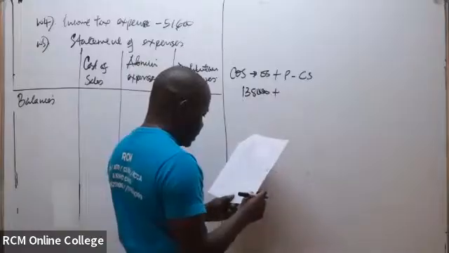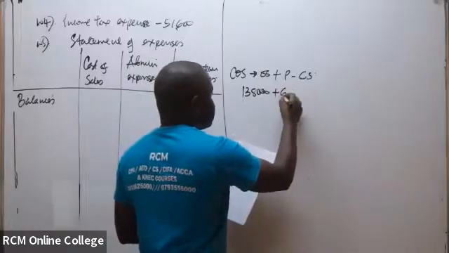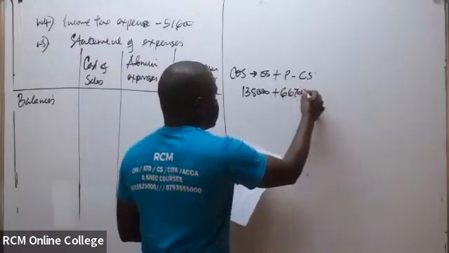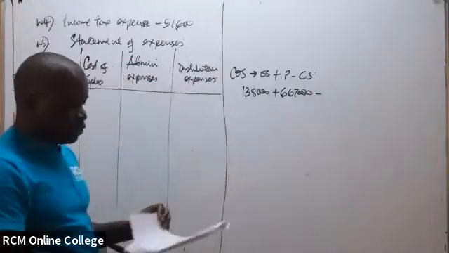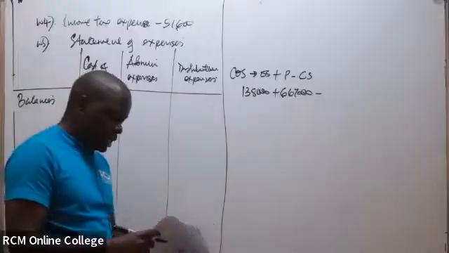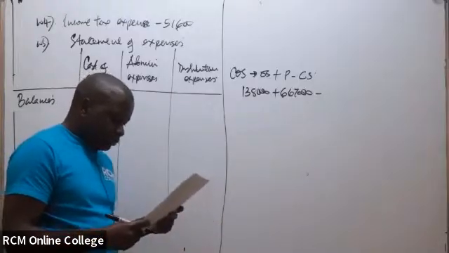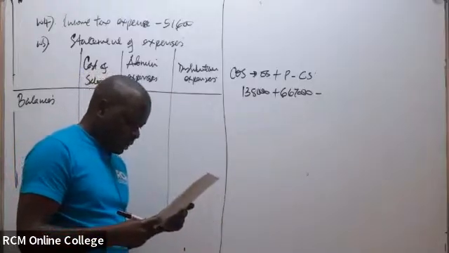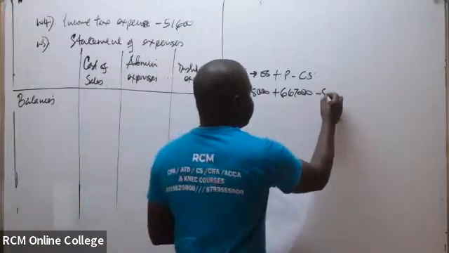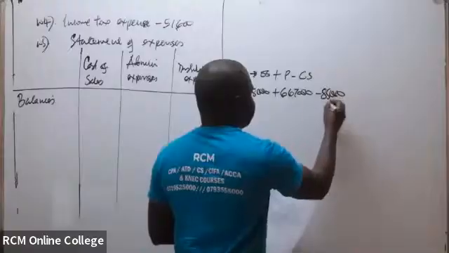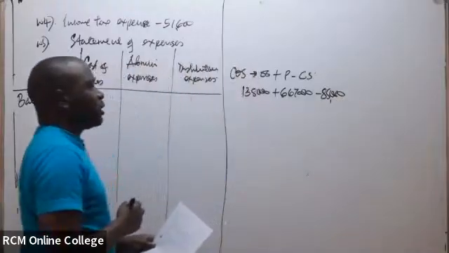You add the purchases, which is 667,000. Then we can less what you've been given as the closing inventory in additional information number 5, which is 85 million.